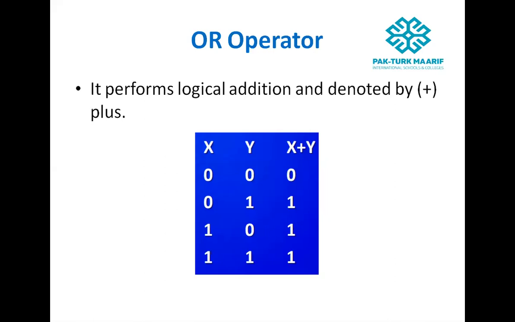Now 0 plus 0, or in other words, 0 or 0, the result will be 0. 0 or 1, the result will be 1 because this one is 1. 1 or 0, the result will be 1. 1 or 1, the result will also be 1.